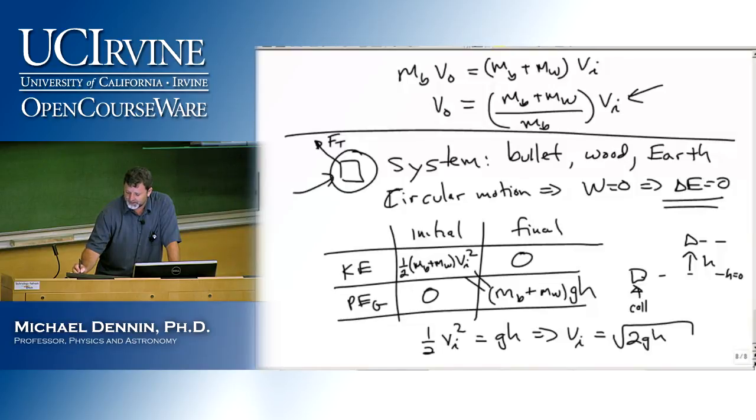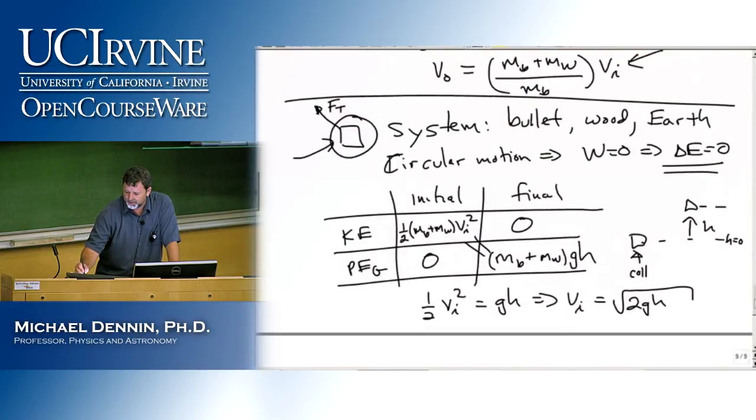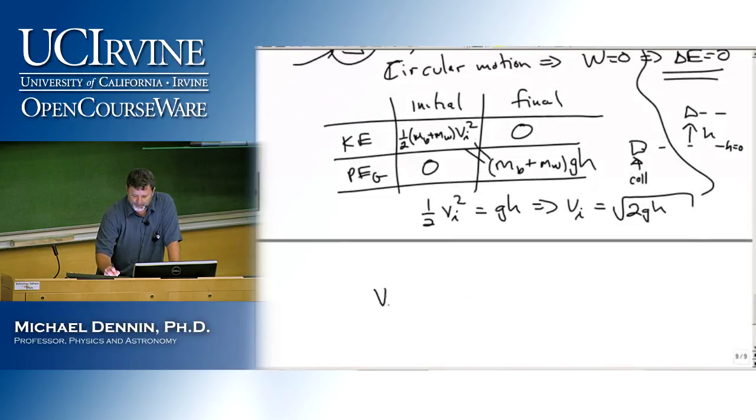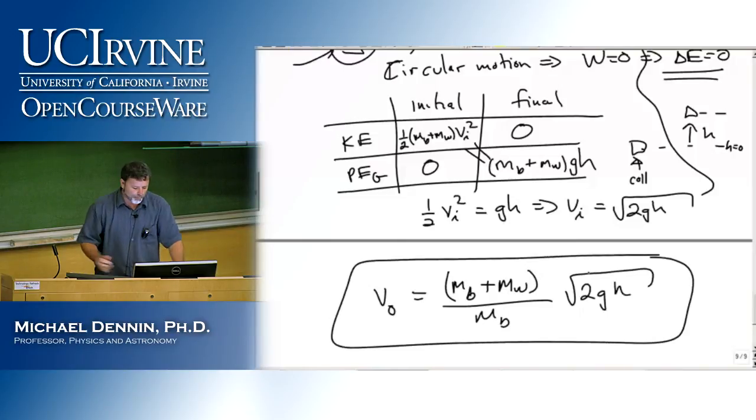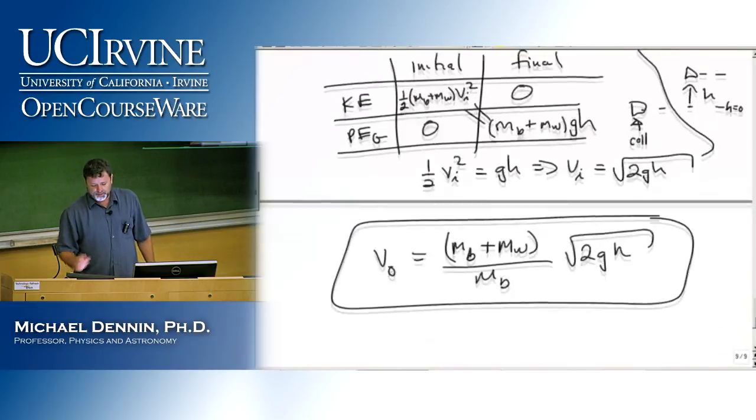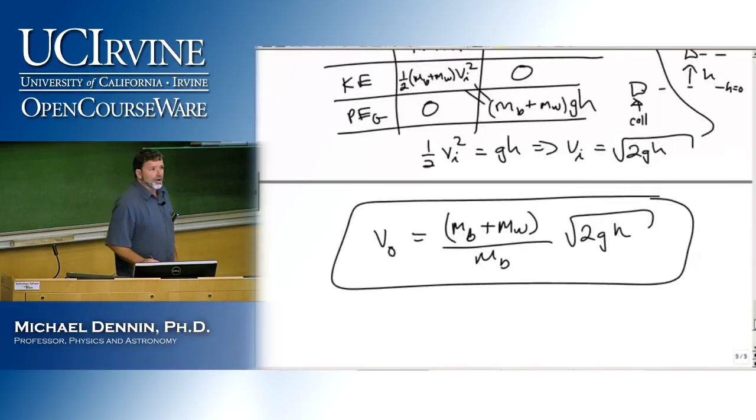Okay? And now I can take that and plug it in all the way up here to be really messy. And that V naught that I got is M1, which is M of the bullet plus M of the wood, over the mass of the bullet, times the square root of 2gh. And if I wanted to, I could put in some numbers, but that is basically all I need to do.